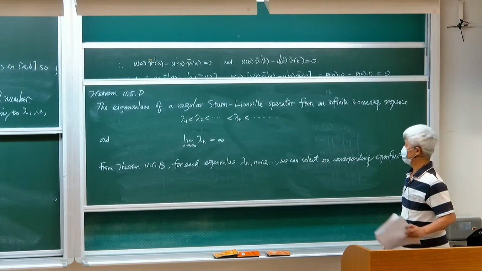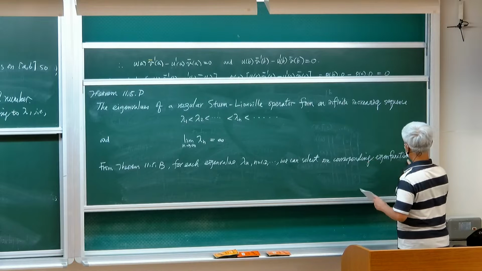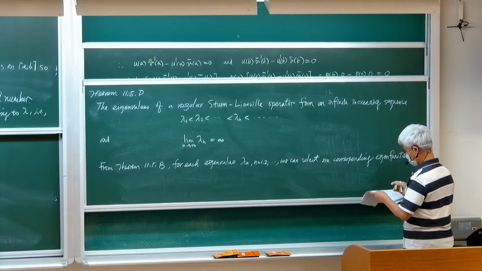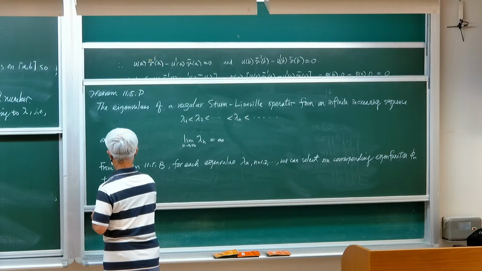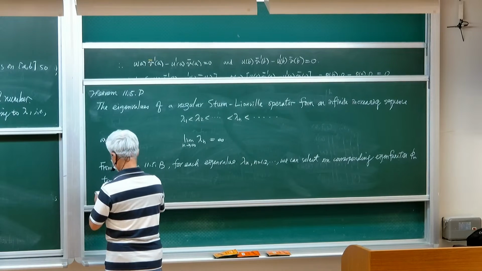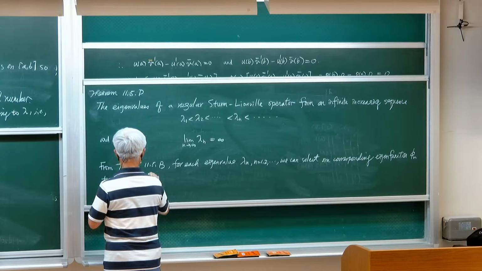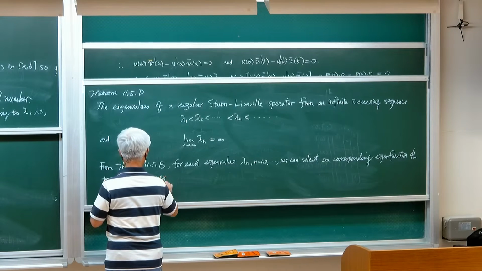So you just take one corresponding eigenfunction, we call phi n, and form an eigensystem.